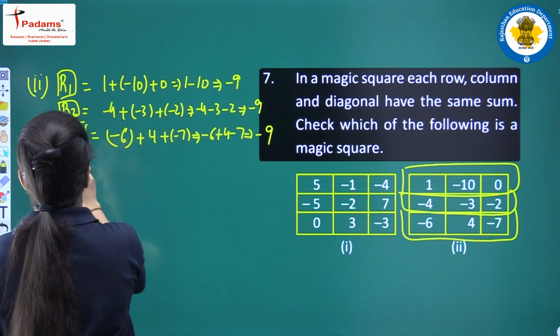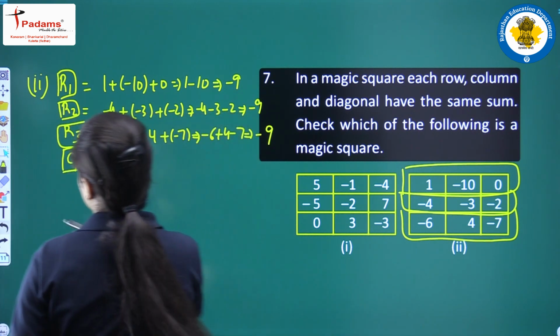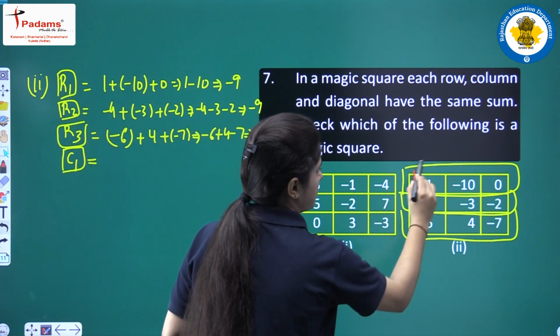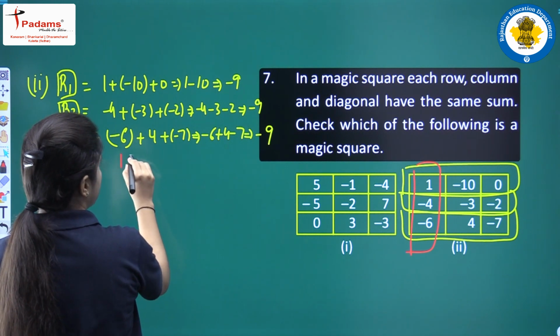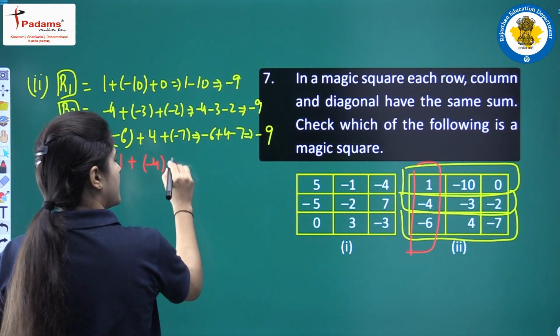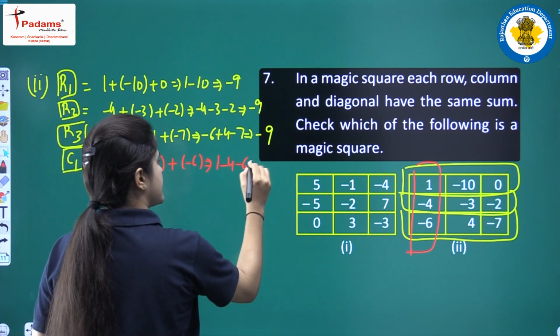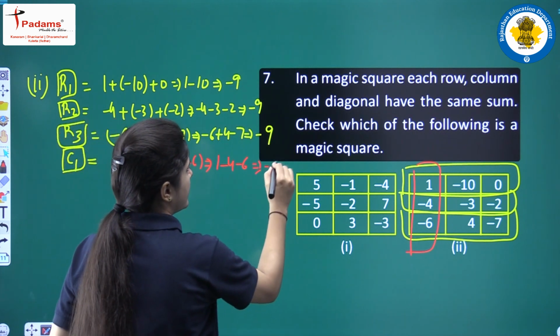Okay, students. So now we will find out the first column, means this column. Okay, students. The first column is 1 plus minus 4 plus minus 6. 1 minus 4 minus 6 is equal to 1 minus 4 is minus 3, minus 3 minus 6 is equal to minus 9.